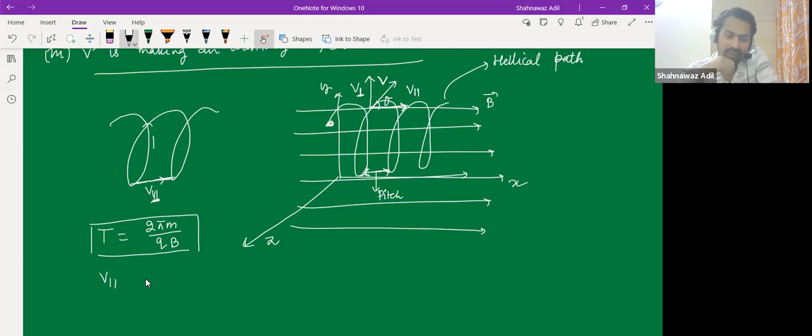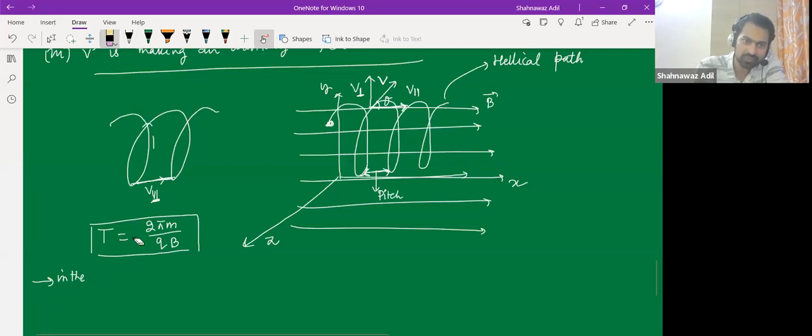Okay, so did you guys understand that in this tangential direction, in the direction of magnetic field, in the x direction, velocity is v parallel, right?